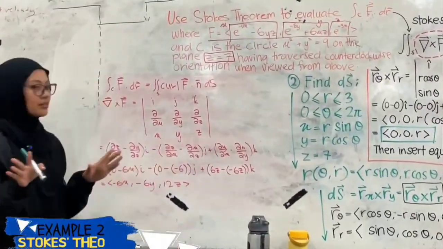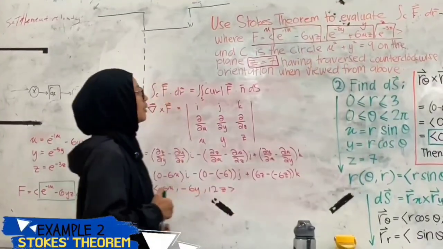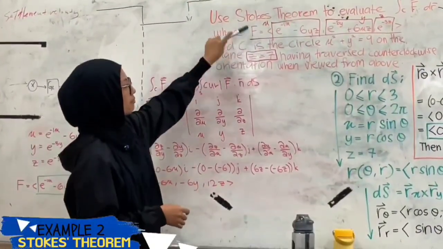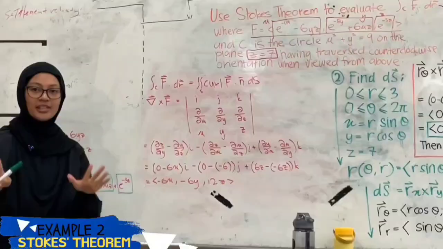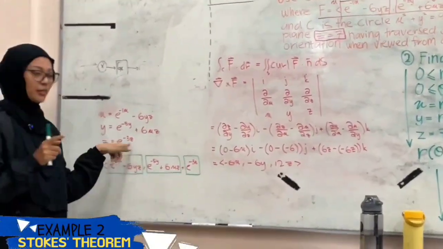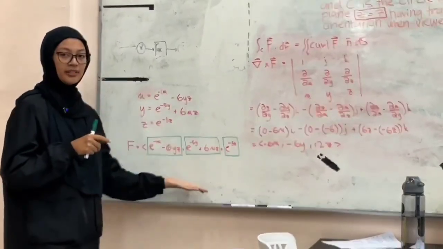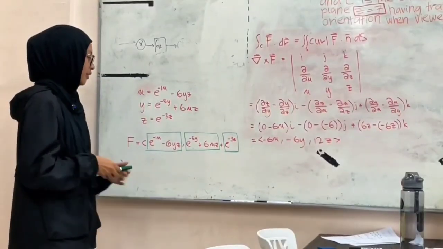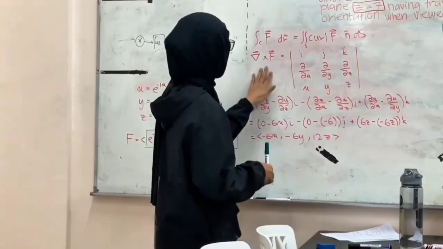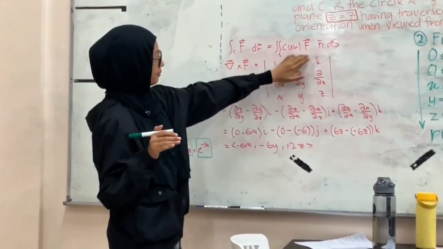So today we will explain to you how to use Stokes theorem. For today, we are given a circle example. So this is our value of F. The first thing you need to do is clarify your values of x, y and z as I did here. Then next, we need to find the curl of the vector field.